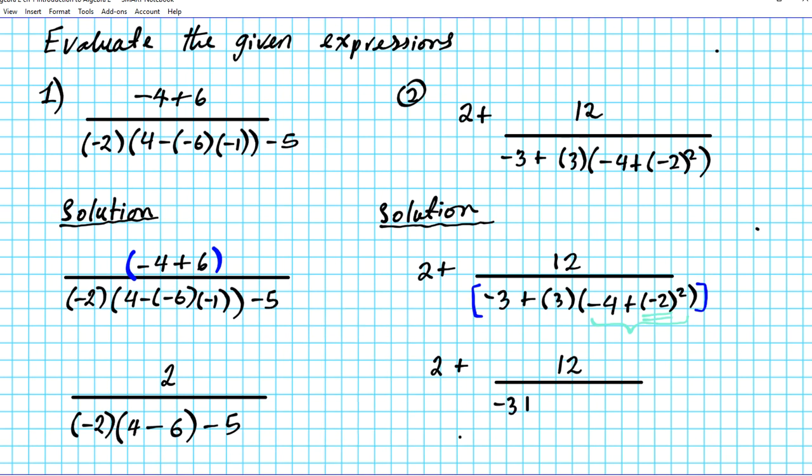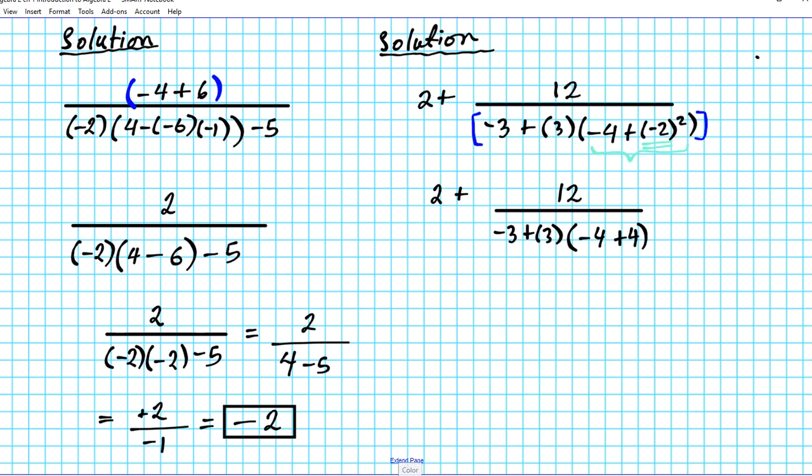Bring down negative 3 plus 3 times negative 4, leave that alone, and then we square negative 2. Negative 2 squared is negative 2 times negative 2, okay? You're multiplying the same sign, so it's going to be positive, and 2 times 2 is 4, like that, okay? All right, so what do we have next?